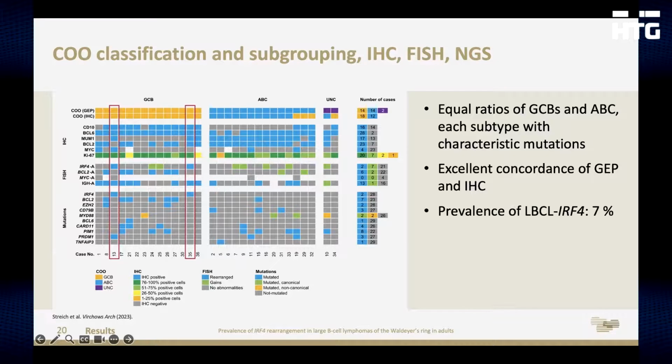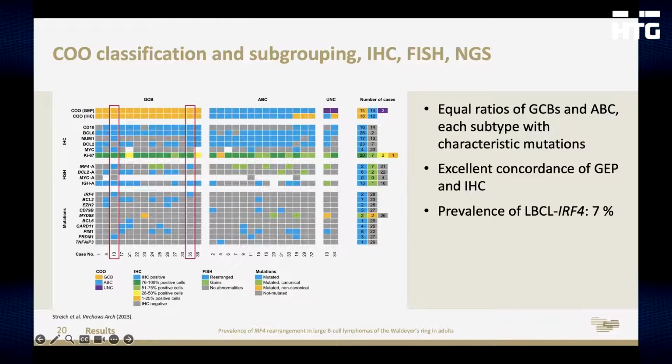And next up are the cases with an aberrant immunohistochemical expression of CD10, BCL6, and MUM1. Leonie's presentation was all about cases with this pattern, so I'm just going to highlight the most important features. All of those cases were classified as GCB using the immunohistochemistry, hence the CD10 positivity.